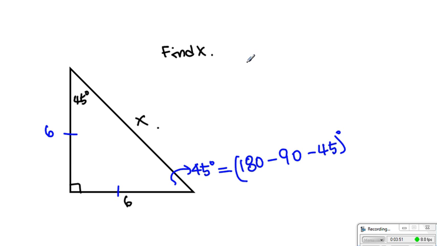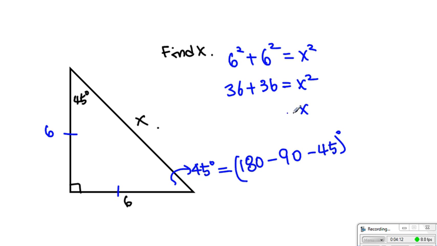Let's see what happens. We'll have 6 squared plus 6 squared equal to x squared. Simply, 36 plus 36 will be equal to x squared here, where x must be equal to the square root of 72.